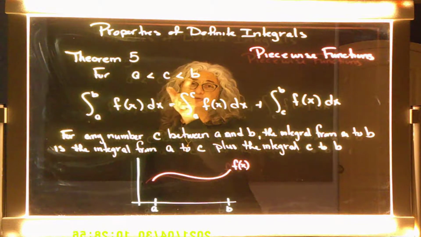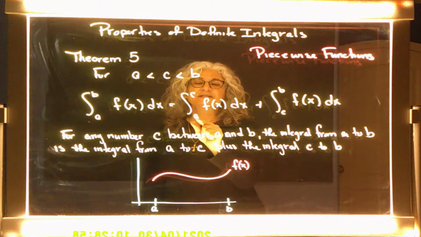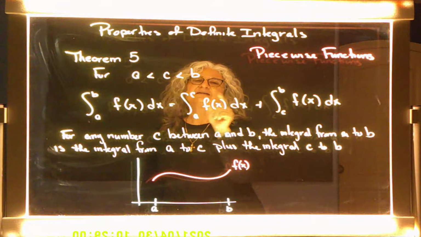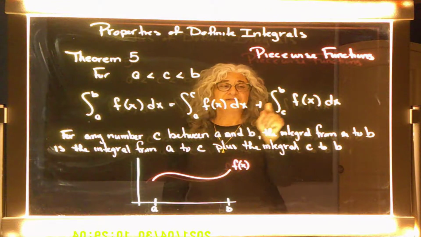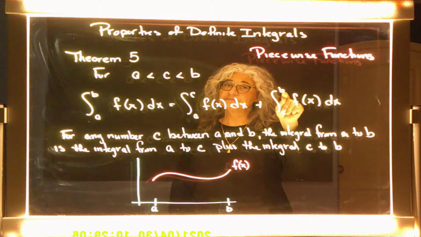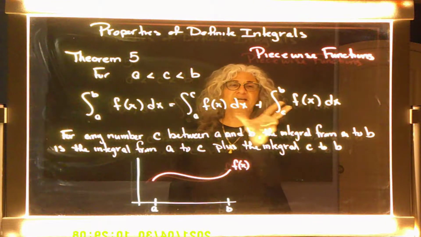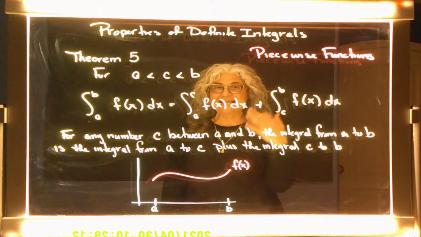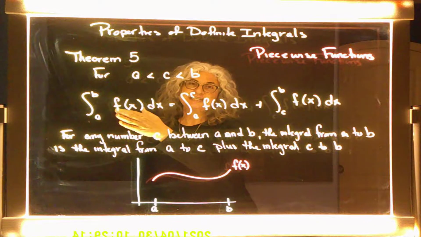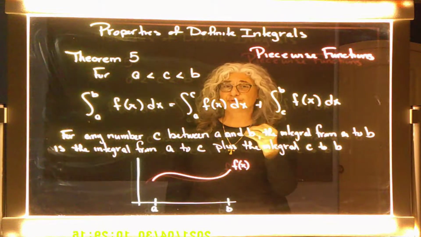Remember, c is somewhere in between a and b, right? The integral from a to c of f of x dx, and then the integral from c to b of f of x dx, and then I add those two together. So I can split up the original integral if I need to.